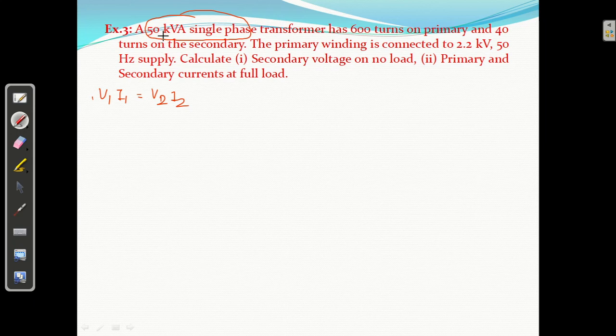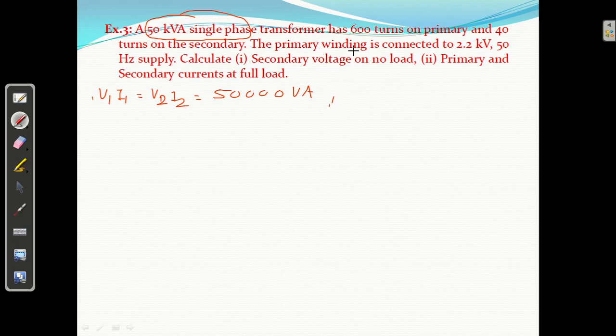Power rating on the primary side and power rating on the secondary side will be same. V1 I1 equal to V2 I2, equal to 50 kilovolt ampere. Kilo means 1,000, so 50,000 volt ampere. Be careful about it. Power rating on the primary side and secondary side will be same, and it is given in volt ampere.